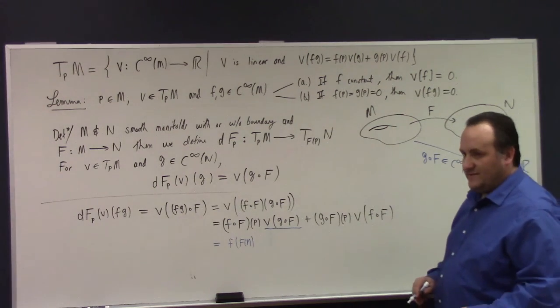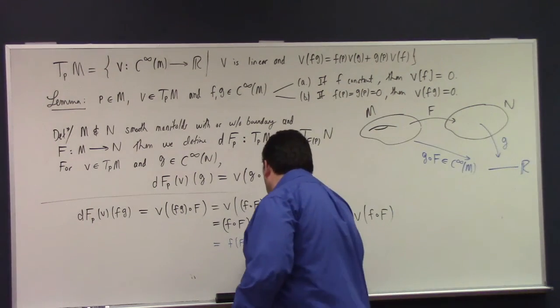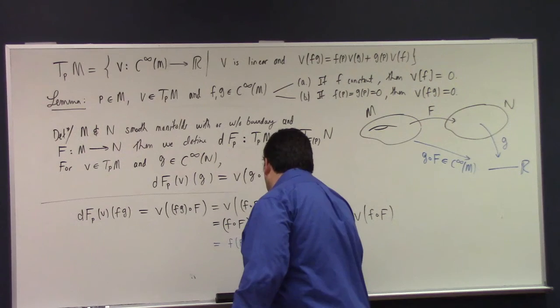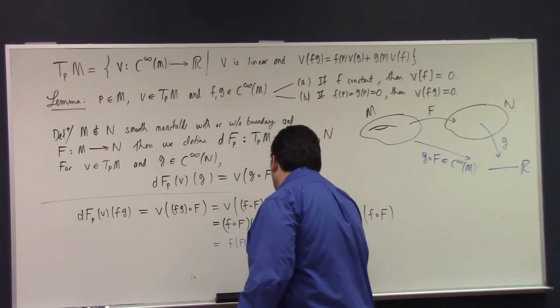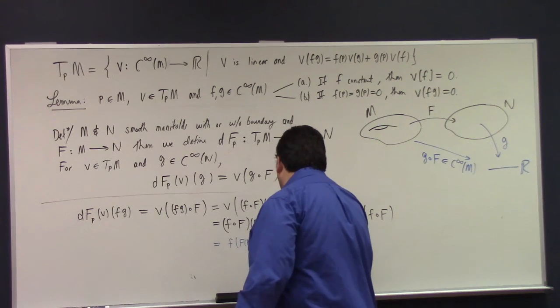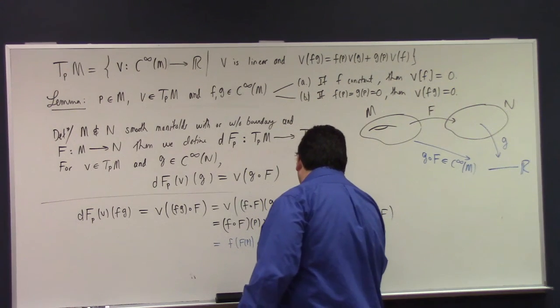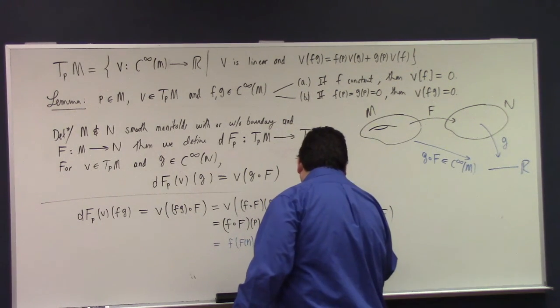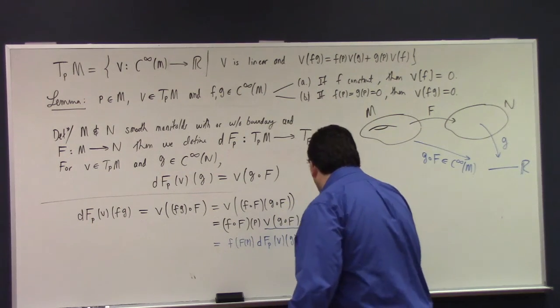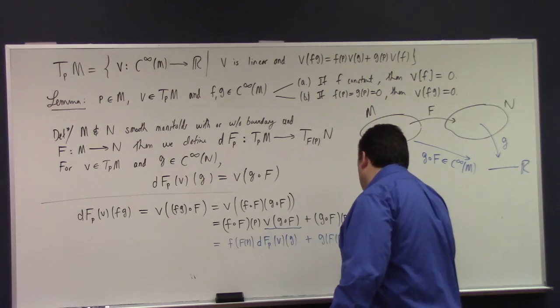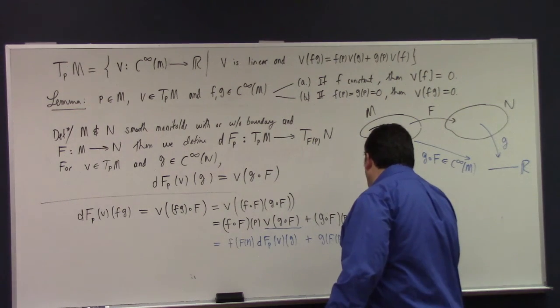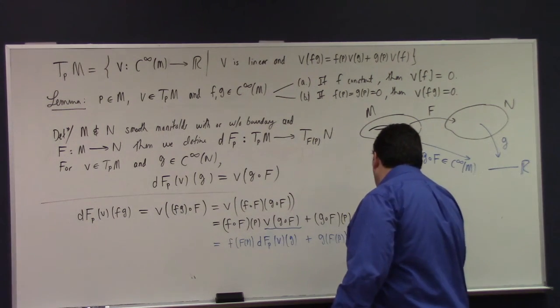By definition, that is D, F, the differential at P of F acting on V, eating G. And then over here, you've got G of F of P, all right? And then you've got yourself a DFP of V acting on, eating F, all right?